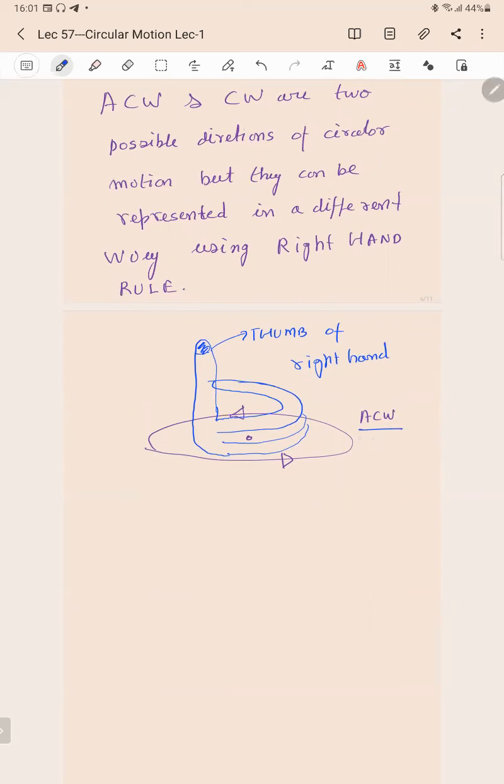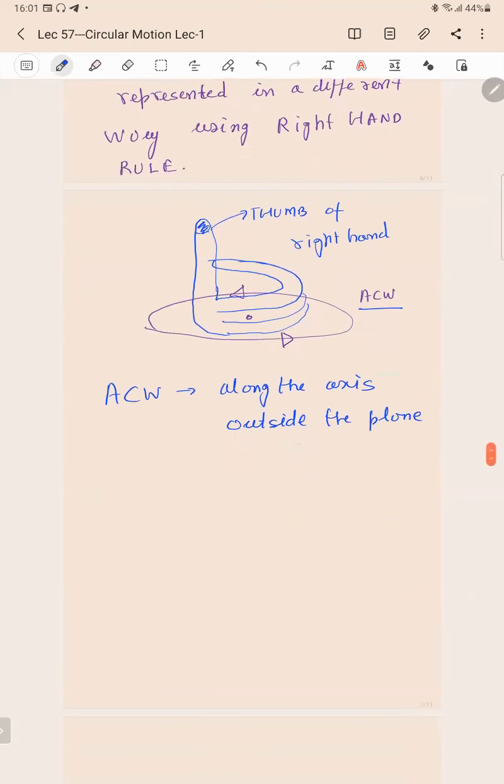This is one more way of calling anti-clockwise direction. So ACW direction is also called along the axis outside the plane, using the right hand rule. We call this the positive direction because it is outside the plane, and it can be represented using this. Are you getting it?